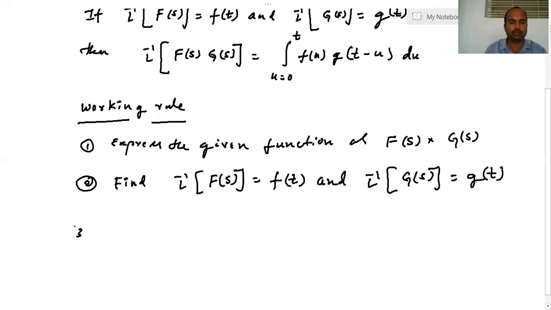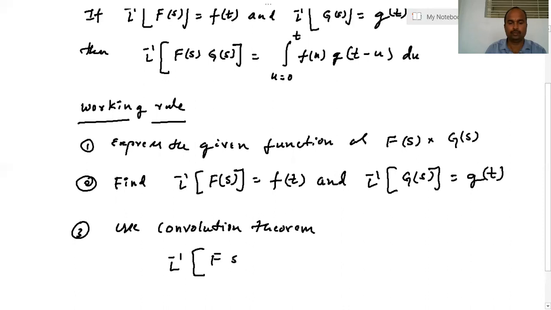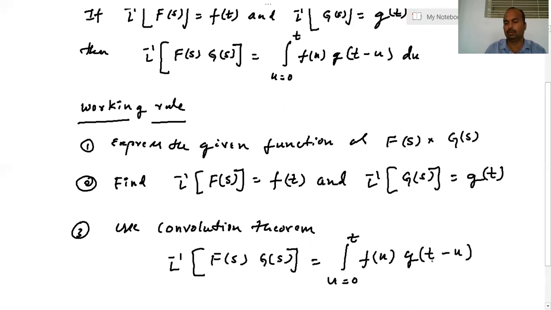Then third step, use convolution theorem. That is, inverse Laplace transform of F(s) into G(s) will be equal to integral from u equals 0 to t of f(u) into g(t minus u) du.